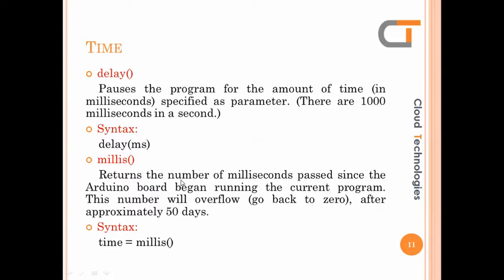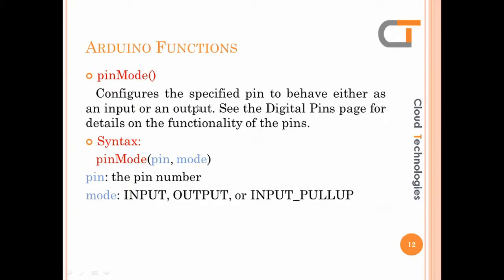Okay, next Arduino function. These are the basic IO functions actually. The first one is pinMode. pinMode configures the specified pin to behave either as an input or an output. The pinMode is used to make the digital pins either input or output.